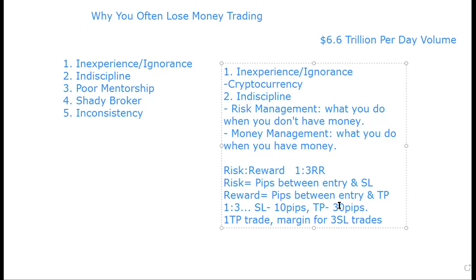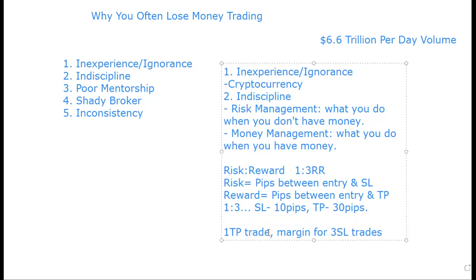And if you follow 1:3 risk reward, it means that for every single trade that eats take profit, if you lose 3 trades back to back, you have not lost out of your starting capital. You have only lost the profit from that one trade that eats take profit.